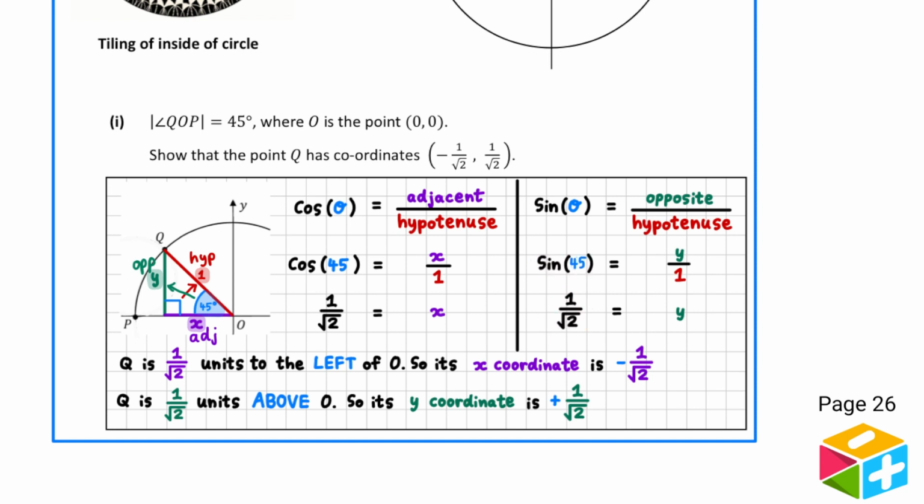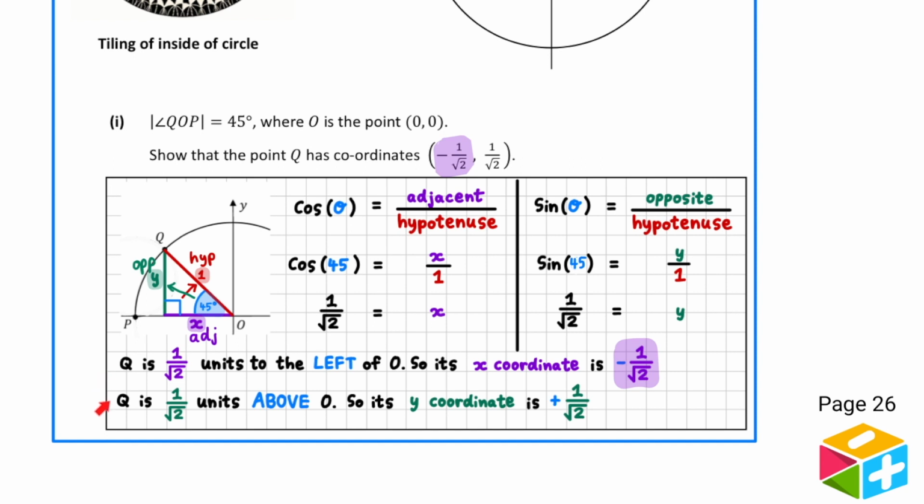Now let's put everything together to get the coordinates of Q. We've shown that Q is located 1 over root 2 units to the left of 0. Since movement to the left corresponds to negative x values, we can conclude that its x-coordinate is minus 1 over root 2.